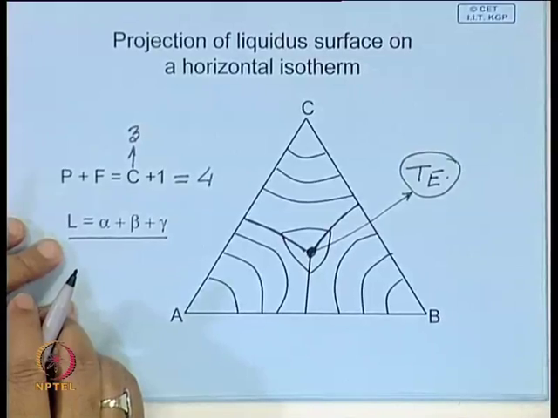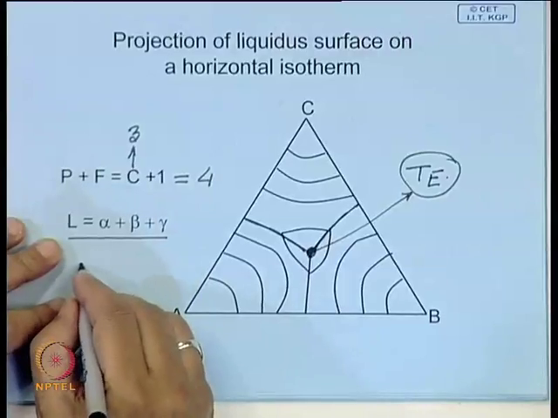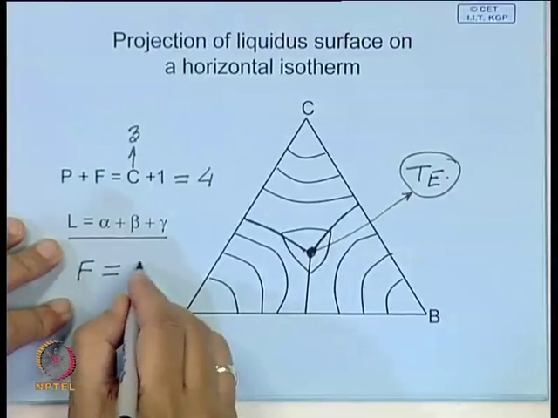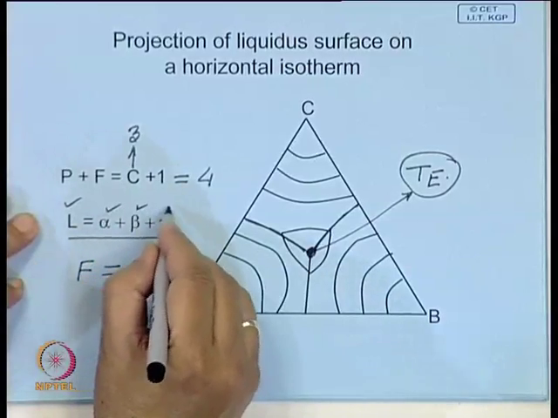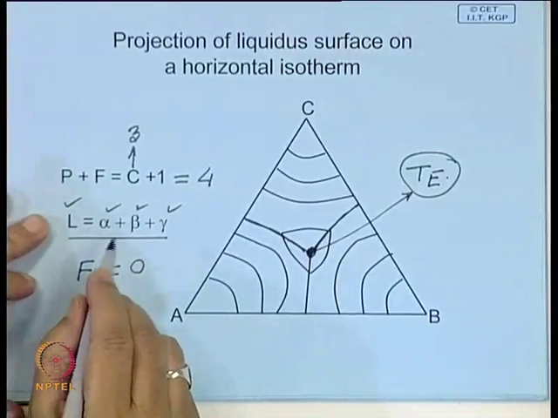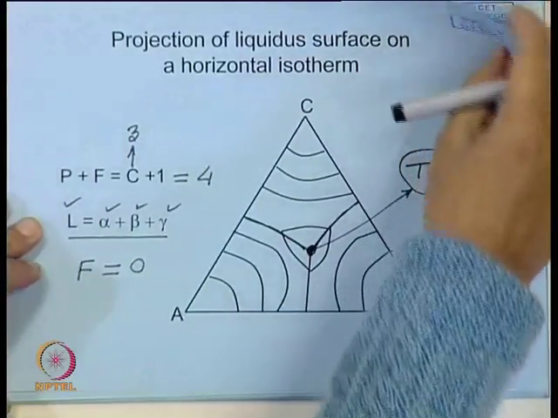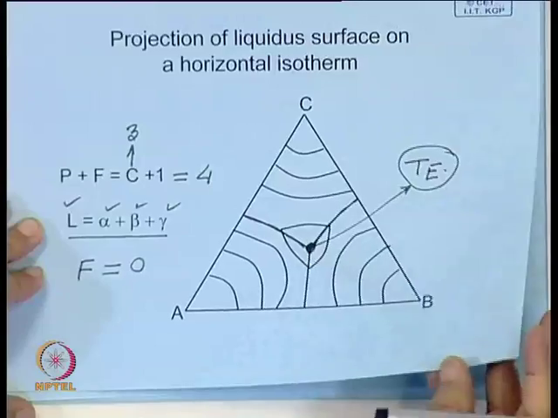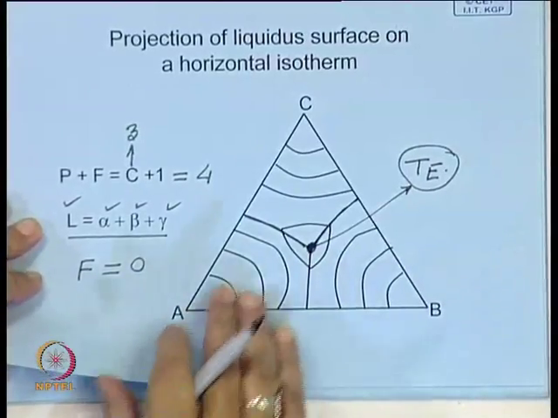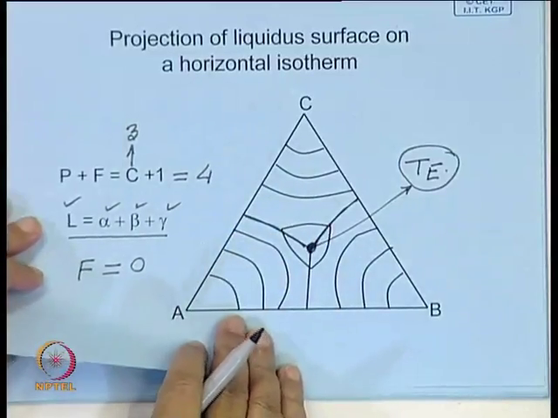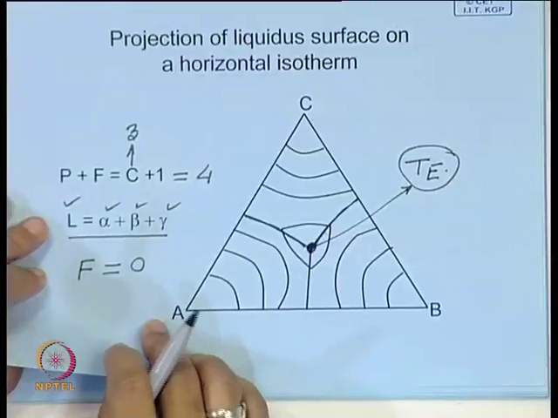If 4 phases are coexisting, your degree of freedom becomes 0. That means the composition of the liquid and each of these solid phases will be fixed. Later on we will solve a simple problem to show how to find that eutectic temperature, assuming the liquid solution to be ideal and assuming there is no solubility in the solid state.